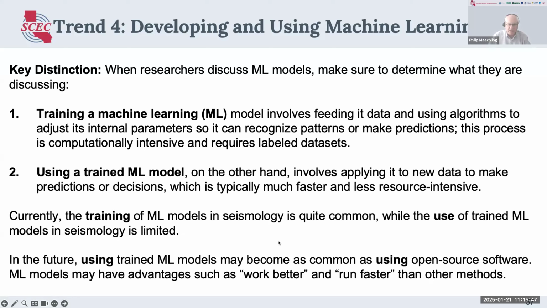For example, it's now fairly common to retrieve and use open source software, but it's much less common for someone to retrieve a trained ML model and use it for their purposes. But there will be advantages when we get to this.